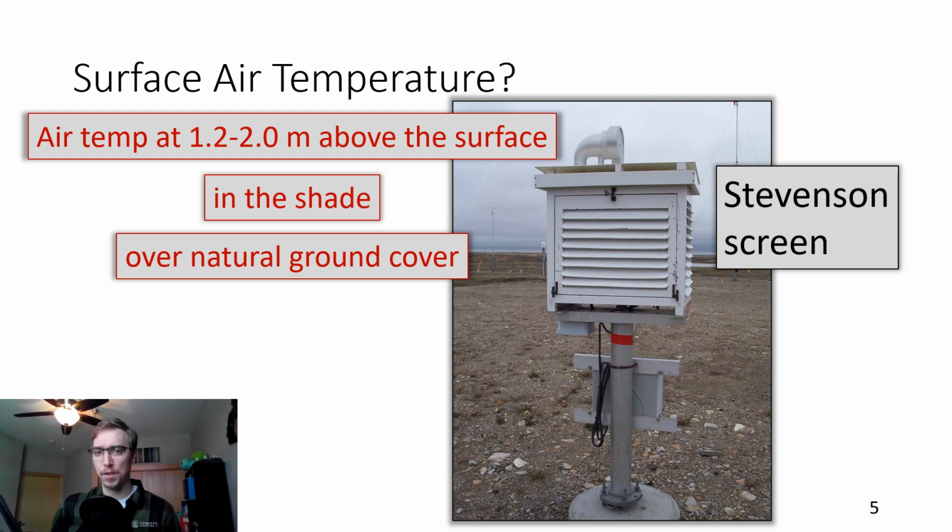So here you can see it's just this white painted box with these side panels to allow air to get in there. It's shaded so that the actual instrument is not being affected by the sun. It's piping air in and blowing it over the instrument so that it's getting an accurate reading of air temperature. We can also see here, it looks like they're trying to verify some of those temperatures.